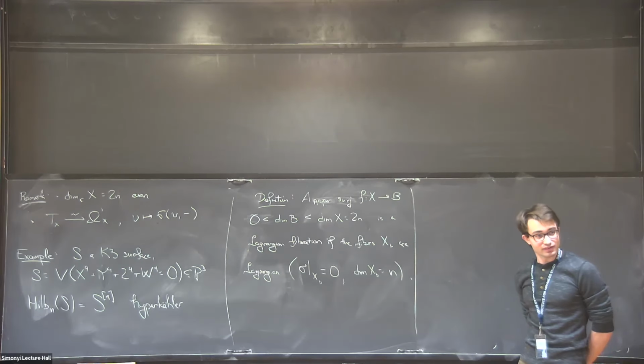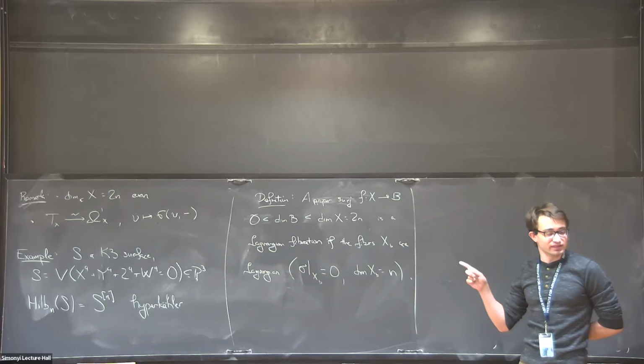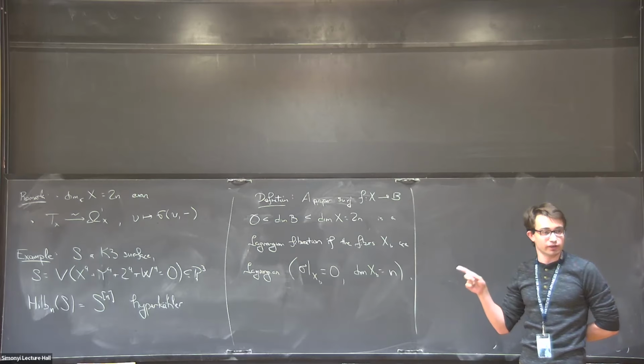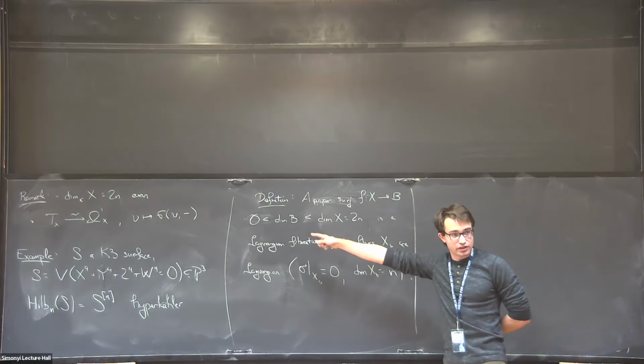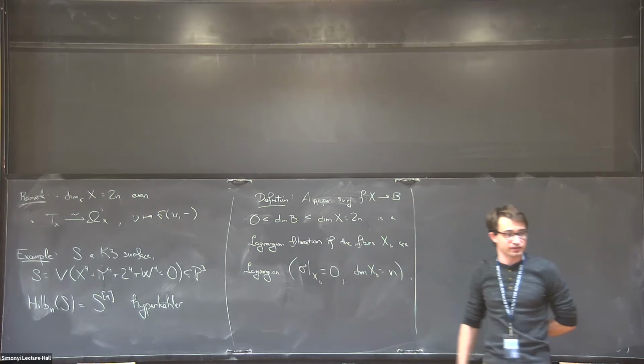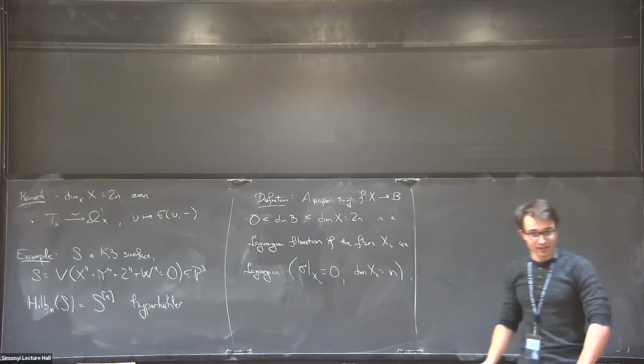Why did you give a range of dimensions for B? Well, it'll become clear in a minute. In fact, we don't need to assume very much about B. As long as such a map exists, and B has dimension in this range, it's automatically forced to be a Lagrangian fibration. Yes, sorry, it was a little sloppy here.